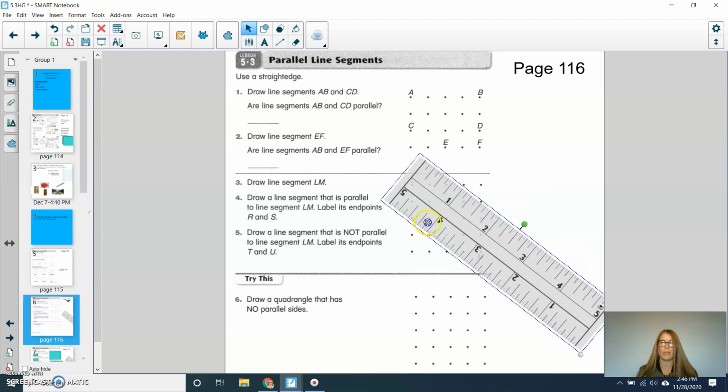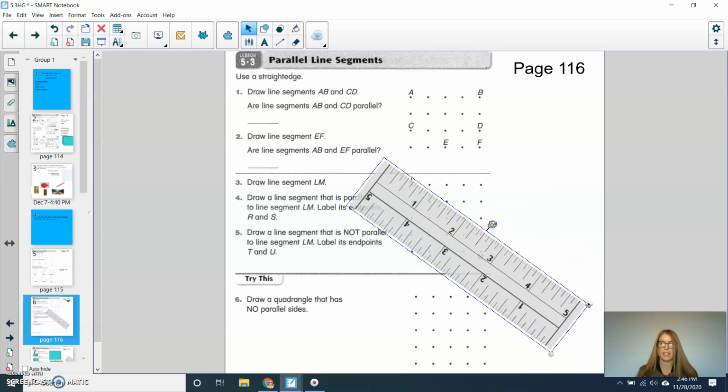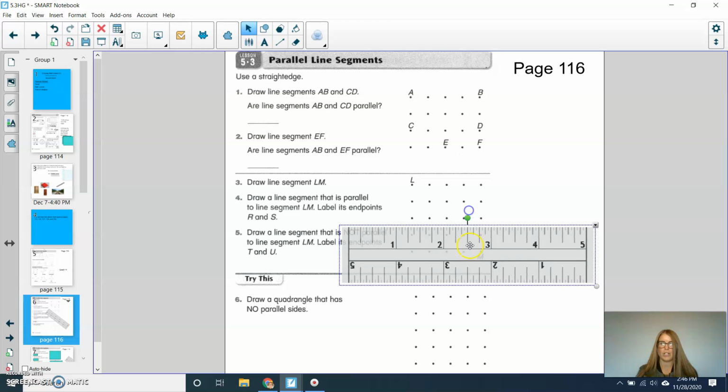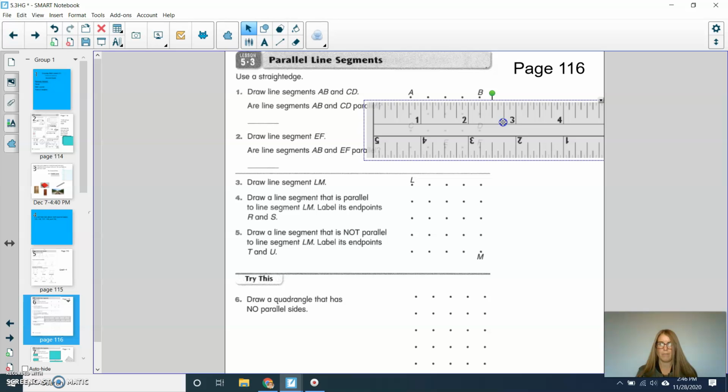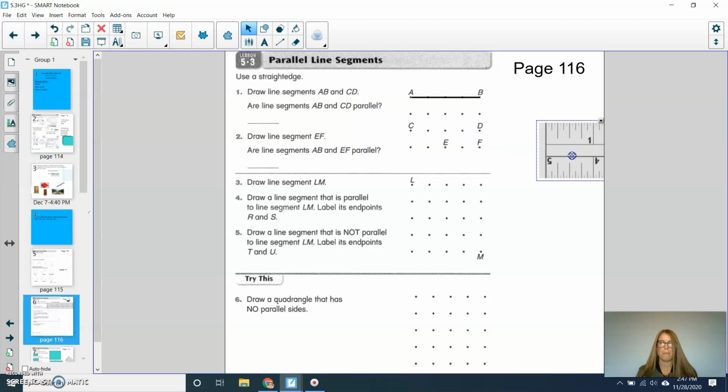I'm going to do this first one with you, just so that you're understanding what to do. I would take my template and line up my A and B, and then with my pencil, I'm going to very carefully draw that line from A to B, just like that. Then it's going to ask you to do the same thing with line segment CD.